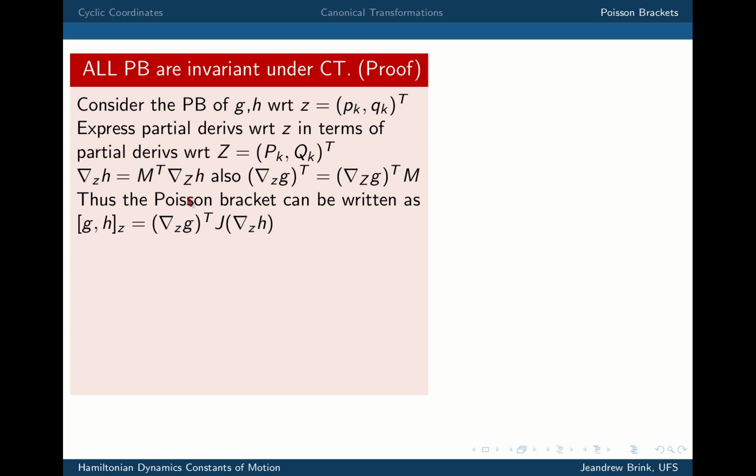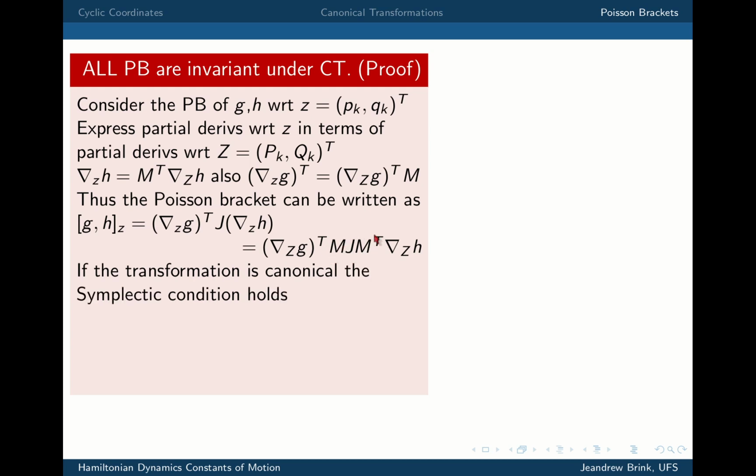Then you use those two definitions to replace the derivatives with respect to little z with the transformed version, in other words the derivatives with respect to big Z. You once again see this symplectic condition coming through, and if the transformation is canonical, this thing is simply equal to J. And you then have that this Poisson bracket of G and H, as functions of little z, with derivatives taken with respect to little z, is equal to this, and sorry, I'm missing an H over there.